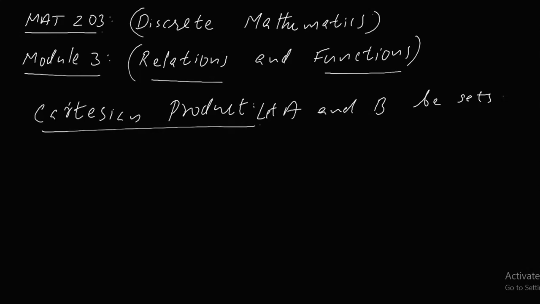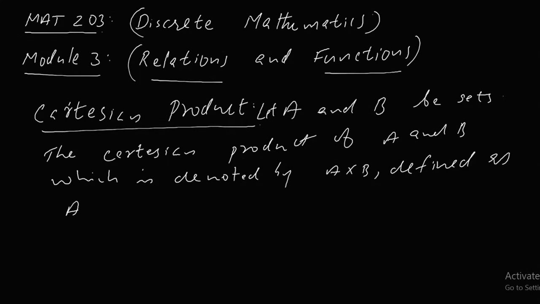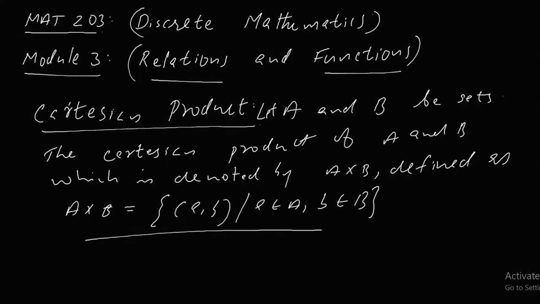So we have two sets A and B, and we define the Cartesian product of A and B, denoted by A cross B, as the set of all ordered pairs (a, b), where a belongs to A and b belongs to B. This is the classical definition of a Cartesian product.